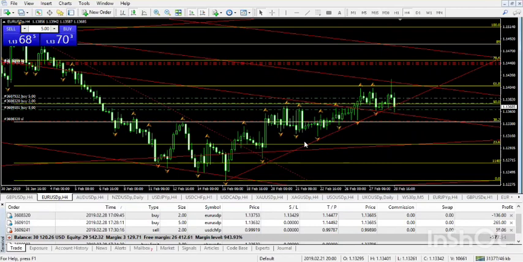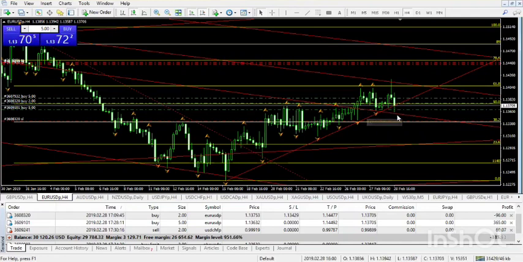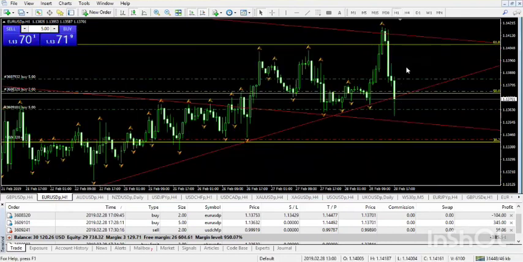If you only use one technique, you're definitely going to make mistakes. Because if you didn't know about the GAN technique or the pivots, you would have probably drawn your trend line here, and you would have seen that it was broken, so you would have interpreted that you have to sell, but then it would start to go up, and that would have been a mistake. That was because you should have drawn the GAN technique here.